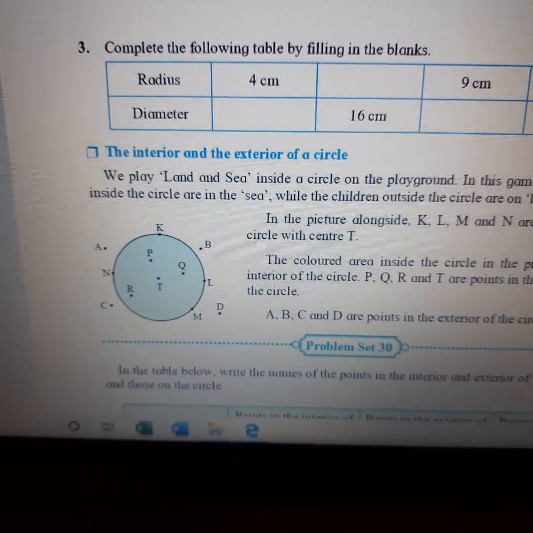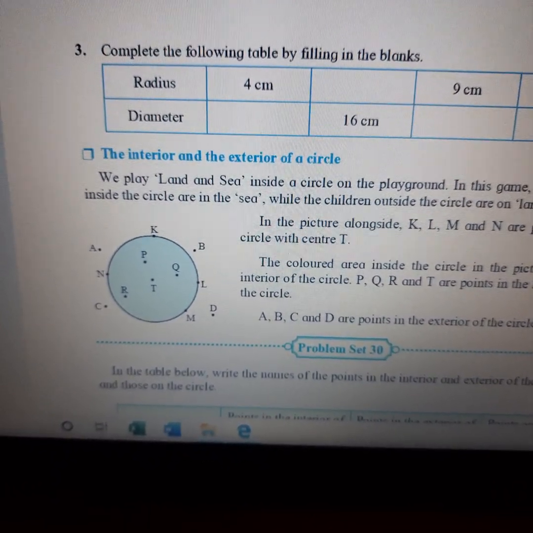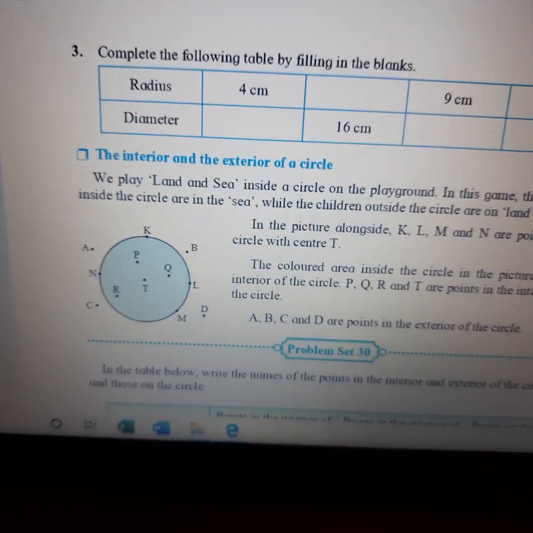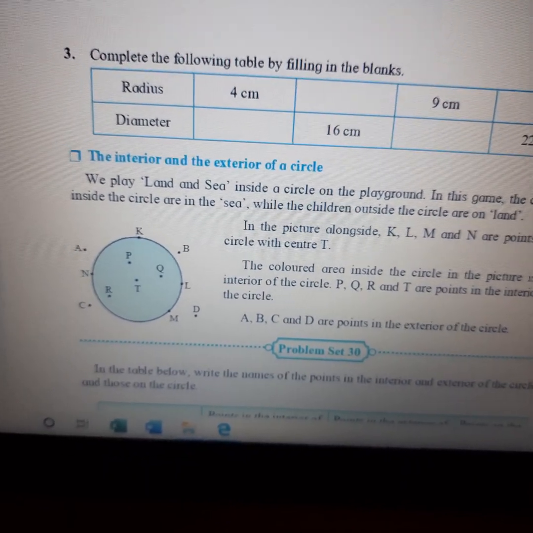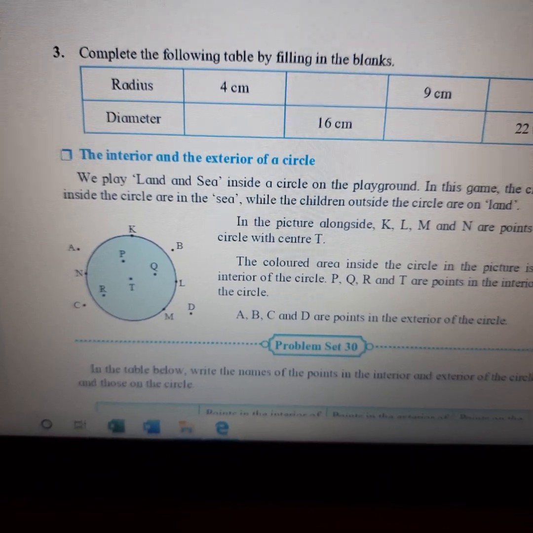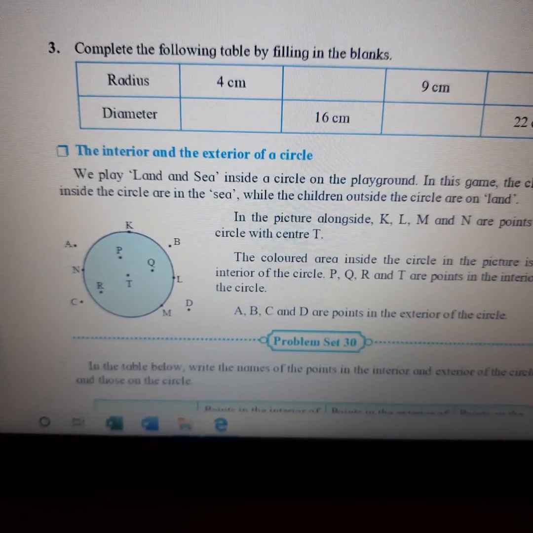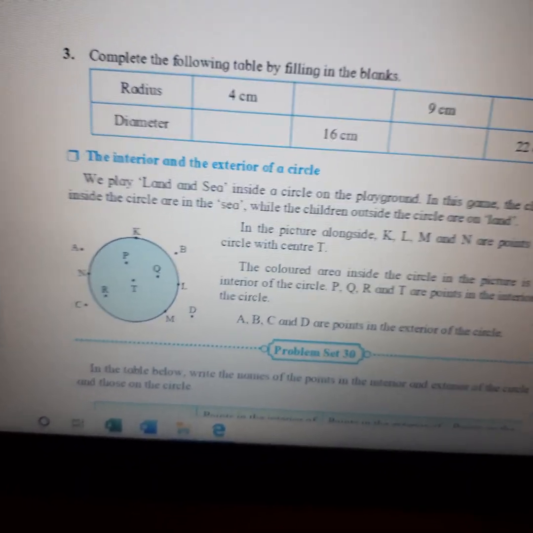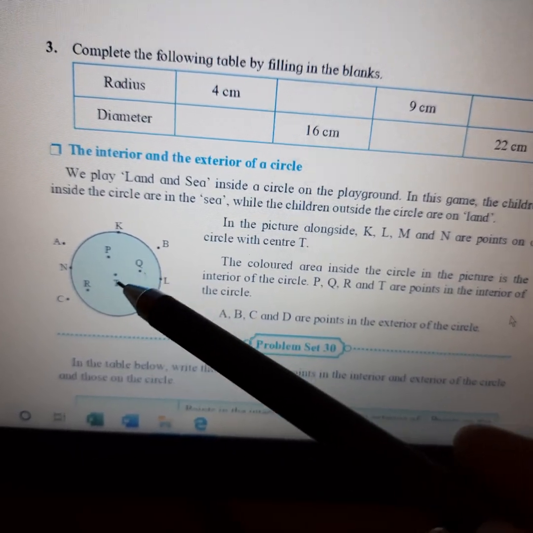We used to play land and sea, children. You must not be aware. Land and sea inside a circle on the playground. We used to play on the plane surface and a little higher surface, that is the steps. So steps used to be the land and the floor used to be the sea. Here it is a circle where children will be standing in a circle and the game will start.